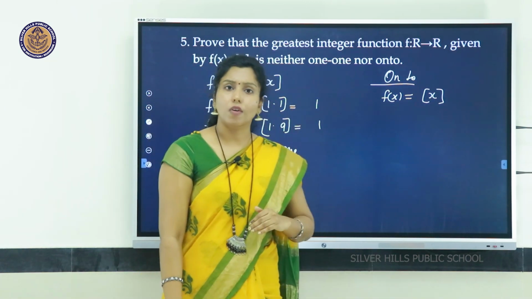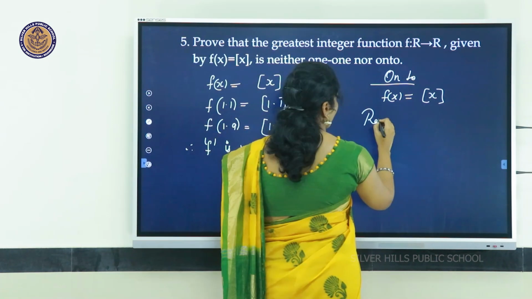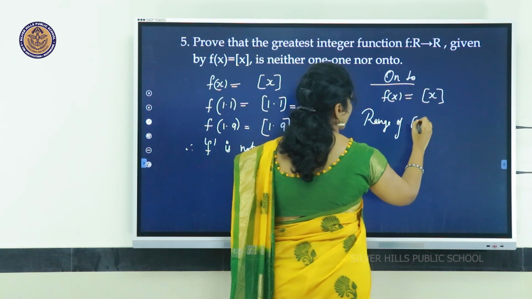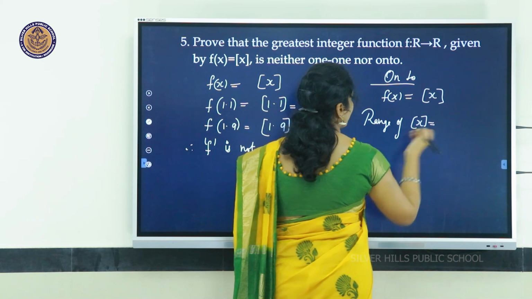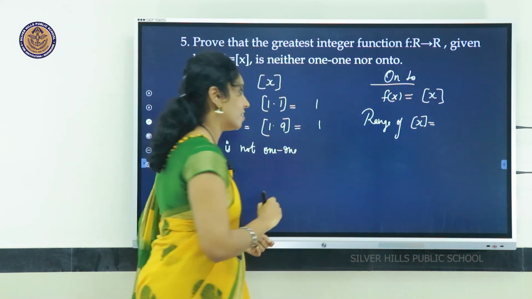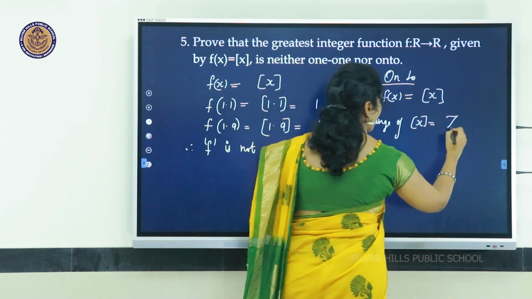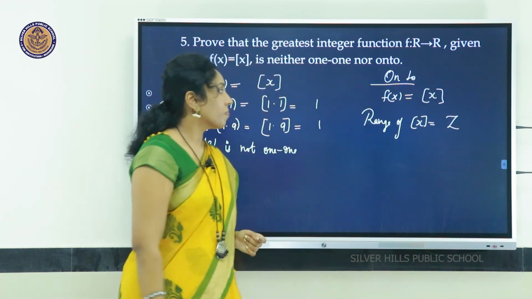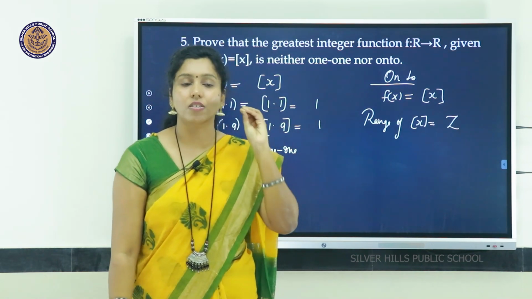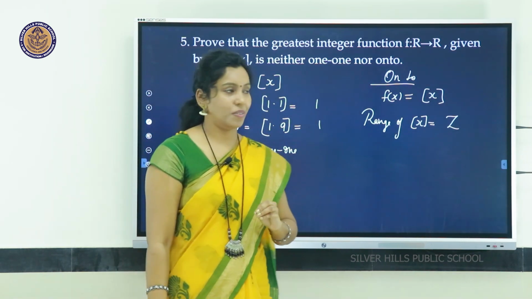What is the range of greatest integer function? It is Z, the set of all integers. Whatever value we give for x, the answer is always an integer.